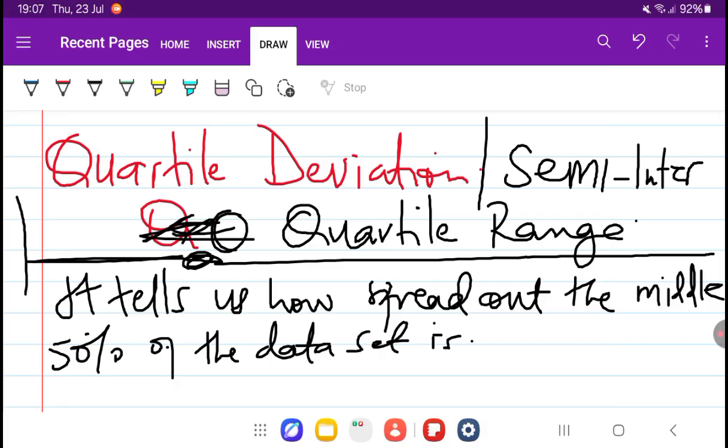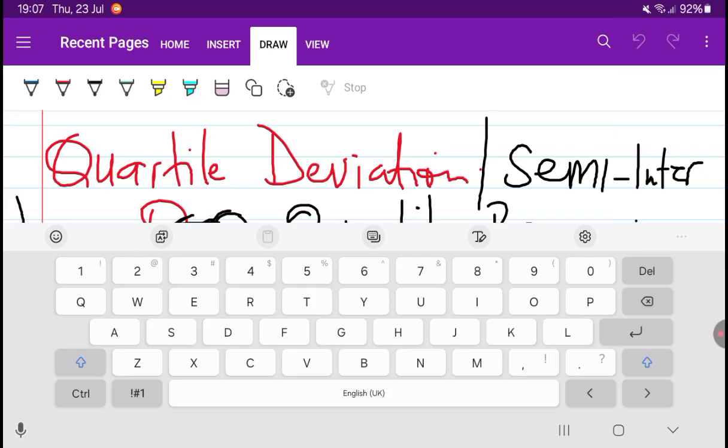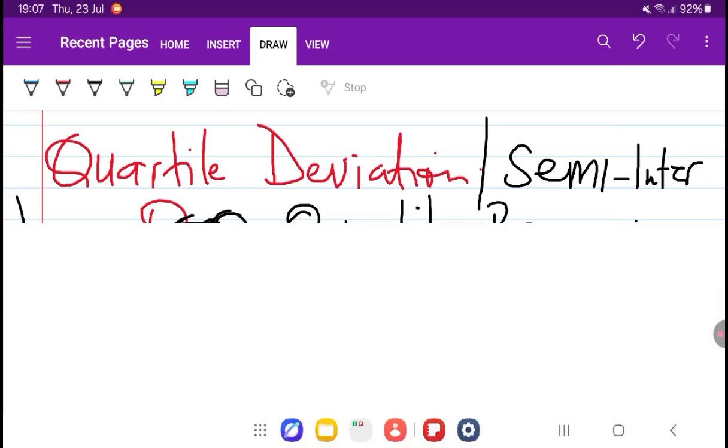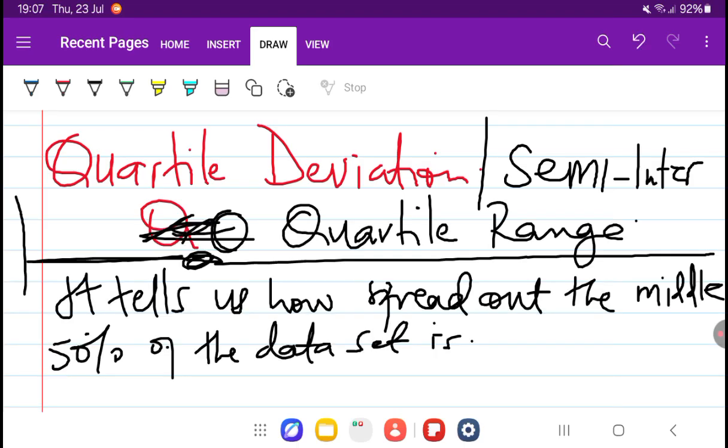All the items that are in the middle, we look at the kind of data that is on an equal side of the data set.